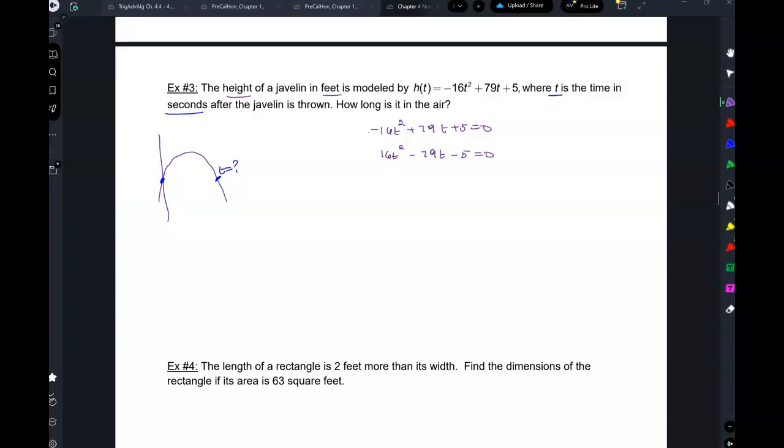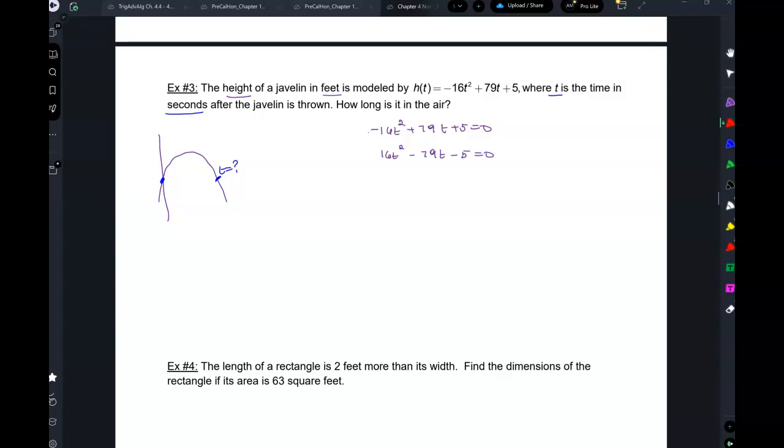Questions? Okay, now let me show you another way to factor this. Because look, when we factor this, it's either going to be like 1 and 16 or 4 and 4 or 2 and 8, right? Too many choices. So let me show you a different way to factor this. It's a shortcut.